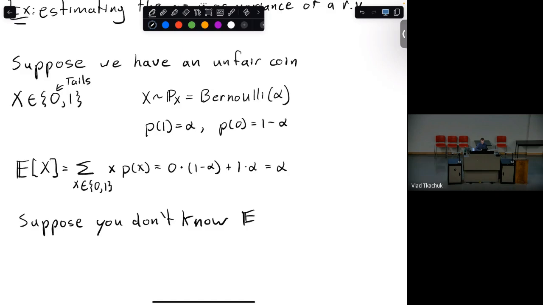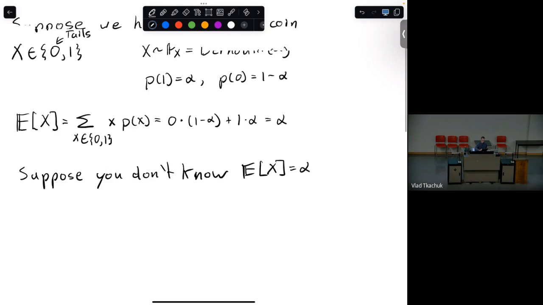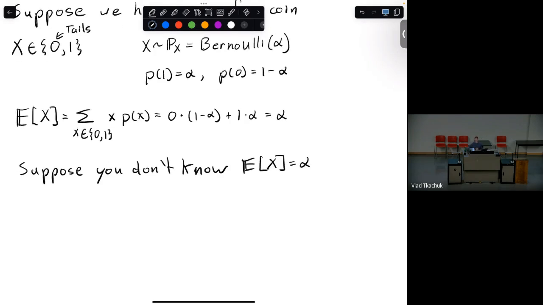And once again, you can imagine how this is related to our machine learning setting. We don't know what the expected loss is. Suppose we don't know this thing. And so here we ask the simple question for the coin case, which is how do we estimate alpha?